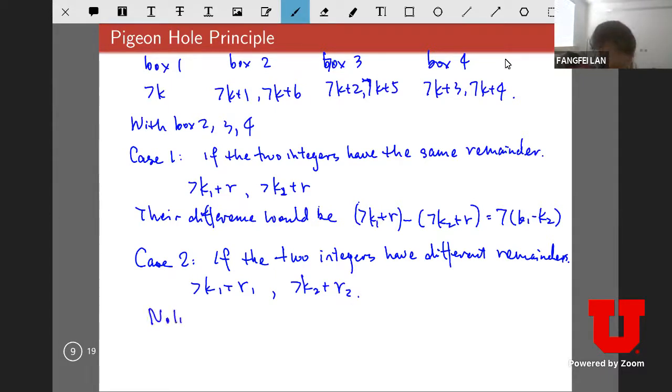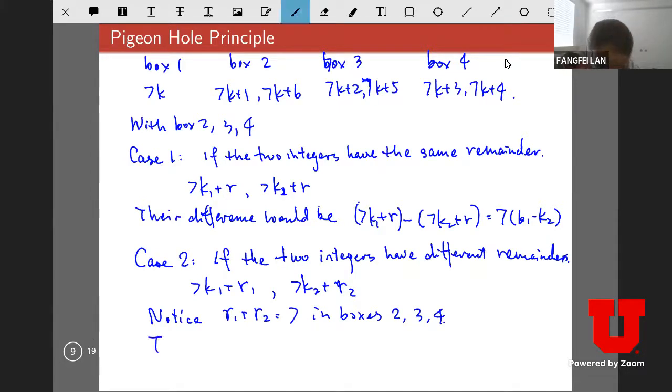So now notice R1 plus R2 is equal to 7 in all boxes 2, 3, and 4. Right?